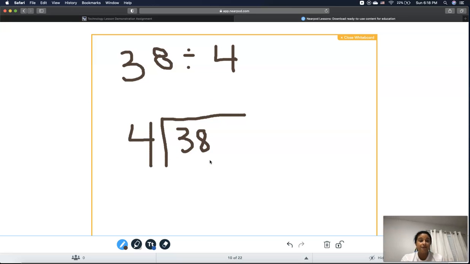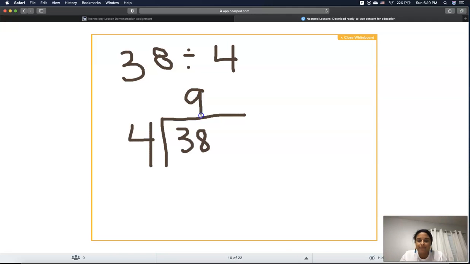Let's skip count by 4s together to figure that out. 4, 8, 12, 16, 20, 24, 28, 32, 36. If I go to the next one, I'm going to go over and get to 40. So how many times did 4 go into 38 without going over? 9. That is correct. So we're going to put our 9 right up here.